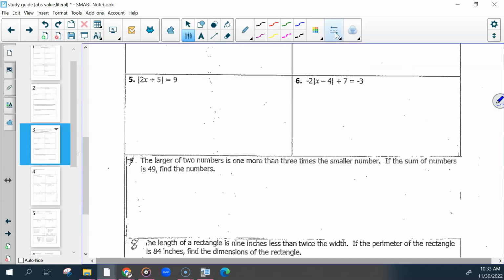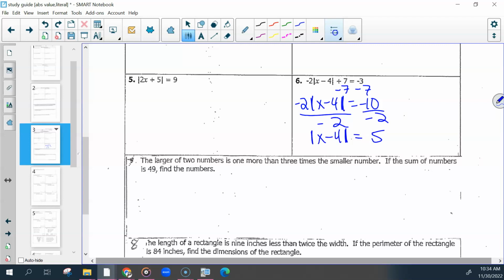For this number 6, so this was like the third page in the review if you were keeping track. We would need to isolate this first, get rid of the 7 by subtracting to the other side. Right now it looks like it might be no solution, but we have to isolate it completely before we can decide. Divide both sides by -2.